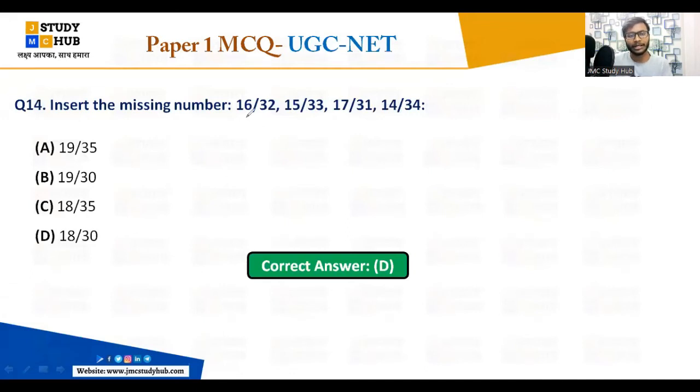Here it is saying 16 by 32, 15 by 33, 17 by 31, 14 by 34. So here you can see it is -1, +2, -3, and here it will be +4. It means it will be 18.